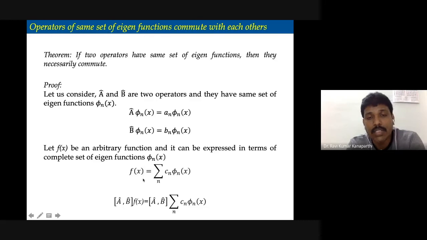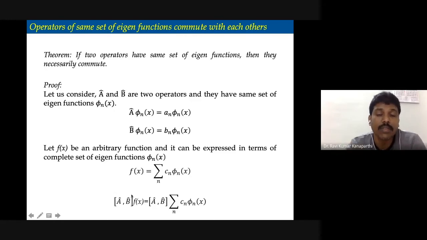So f of x is an arbitrary function which is defined in terms of the eigenfunctions: summation n runs from 1 to infinity Cn phi n of x. Now what we have to prove is that the operators A and B commute.